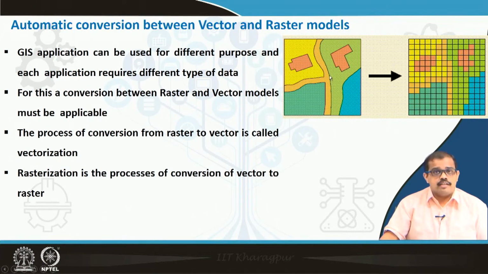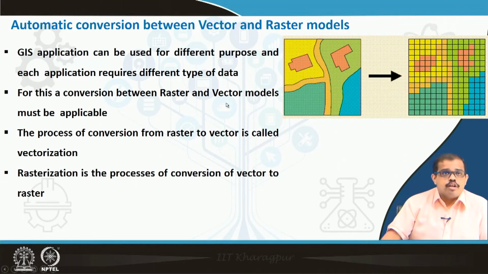This is a road, this is a building, and a building is a polygon, a set of points represented here. This is another polygon and this is another polygon here. This particular house is also in between this particular green polygon. So, that is about vector data.